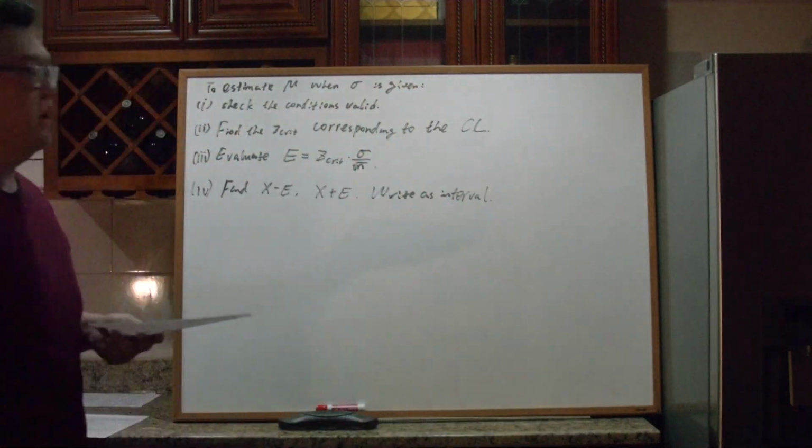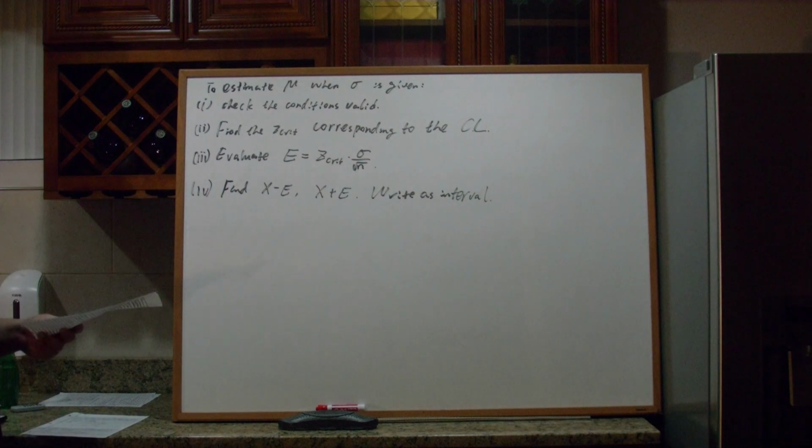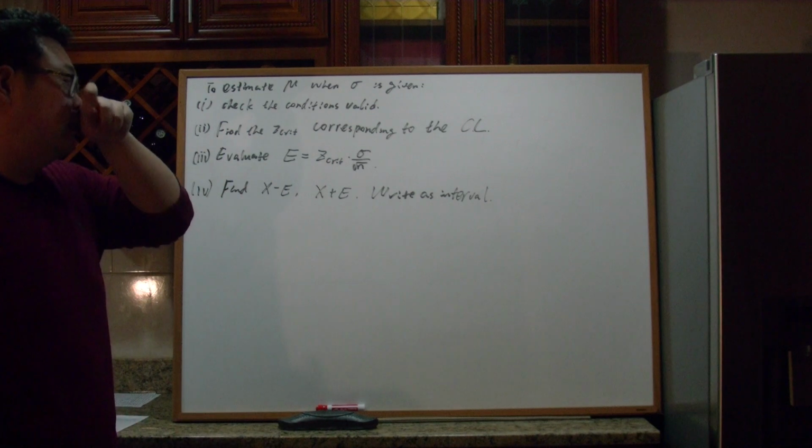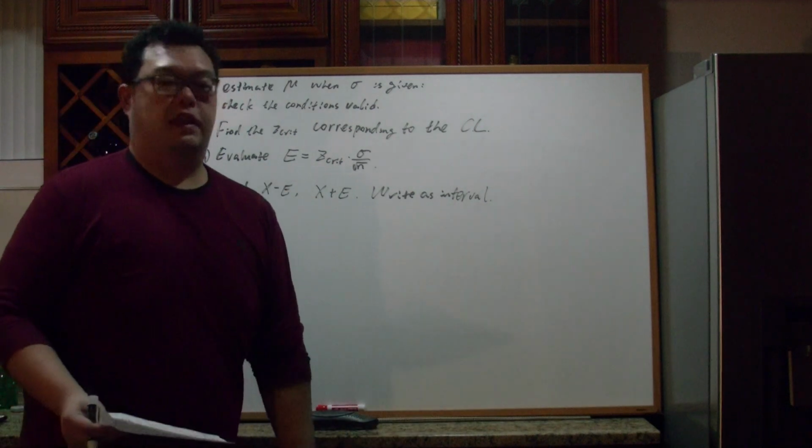The method is a confidence interval under this confidence level, so we need to find the lower and upper limits for the confidence interval and write the interval.